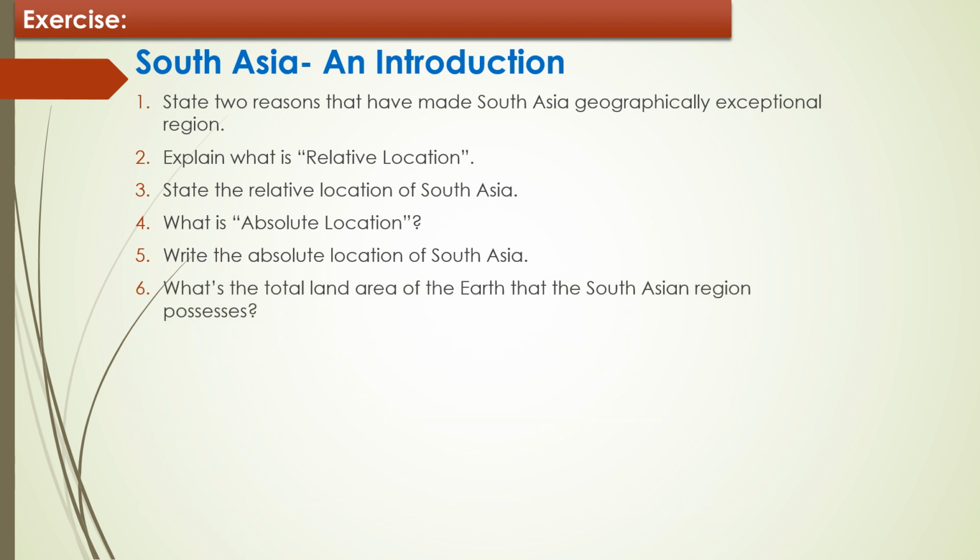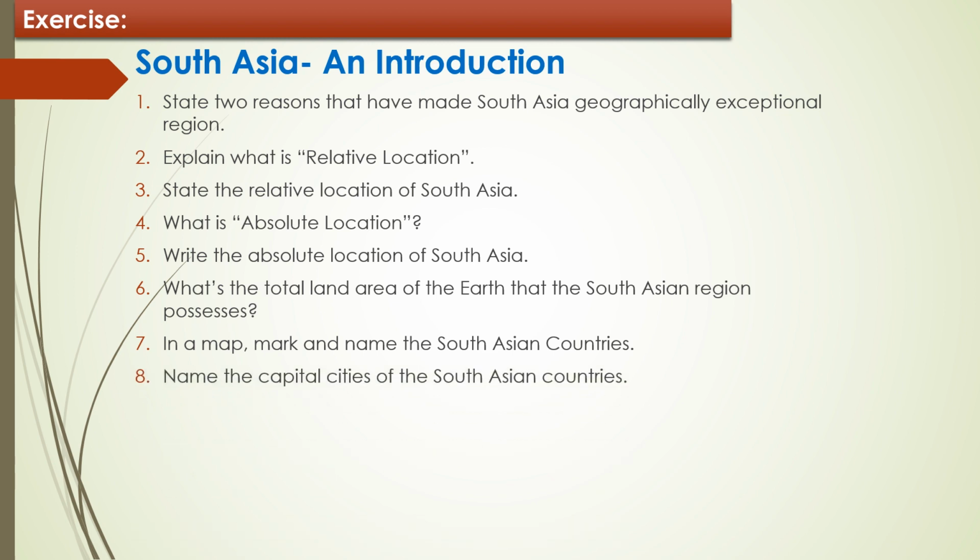Sixth one, what's the total land area of the earth that the South Asian region possesses? Then, in a map, mark and name the South Asian countries. So you need to get a map and mark the South Asian countries, right? And then you can fix it in your exercise book.